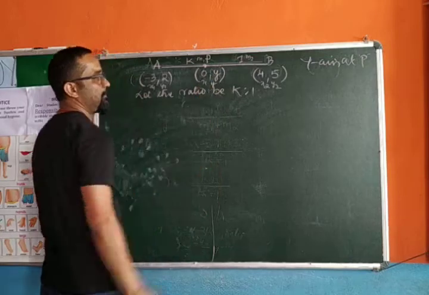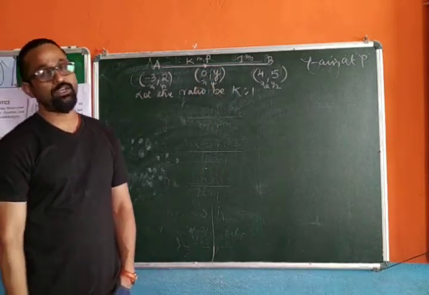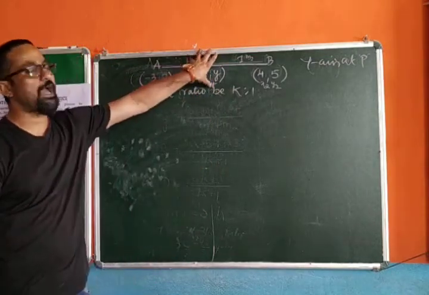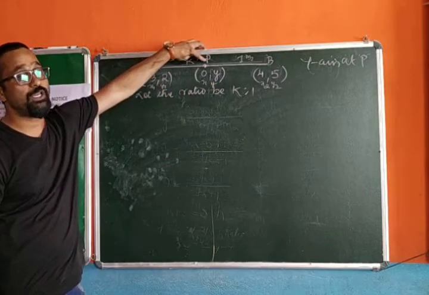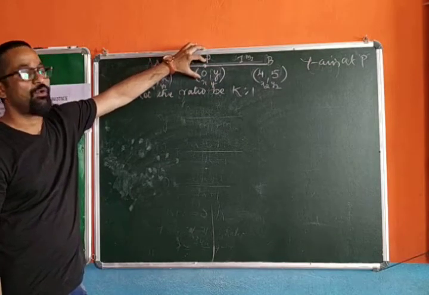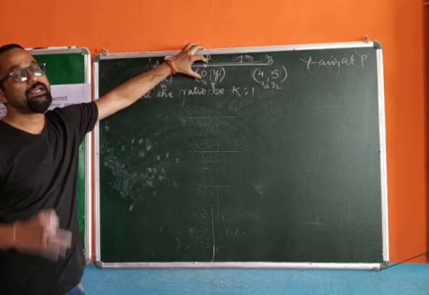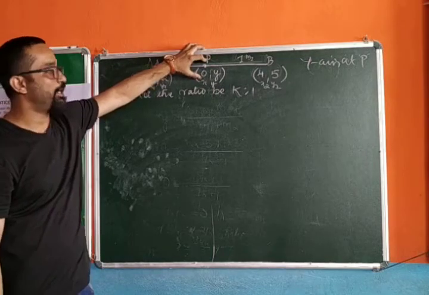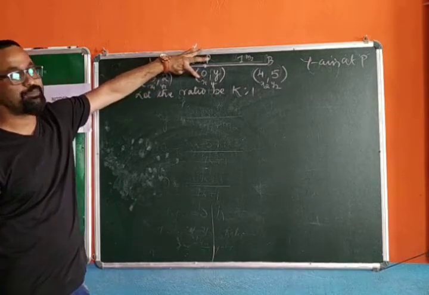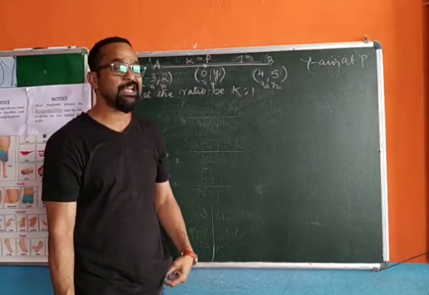Whenever you have to calculate the ratio, you should always look at the point in between and see which coordinate is known, either abscissa or ordinate. So since we know the abscissa, we use the abscissa formula.